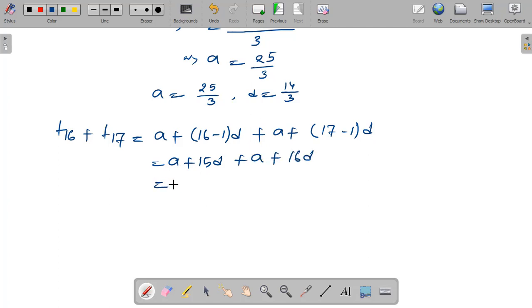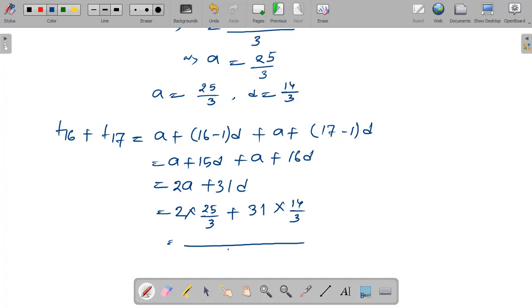So what do we get? 2a plus 16 plus 15, 6 plus 5 is 11, 2 carry 1, 1 plus 1 is 2, I get 3, so 31d. Now we put the values of a and d in this relation. So 2 into the value of a, which is 25 by 3, plus 31 into d, that is 14 by 3.